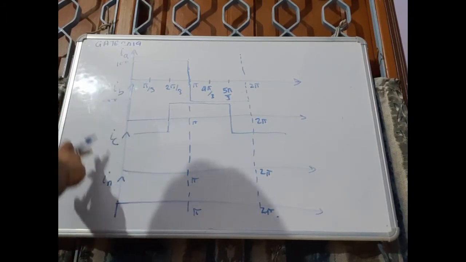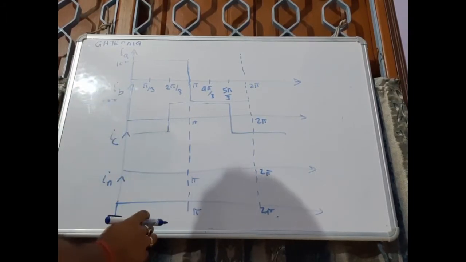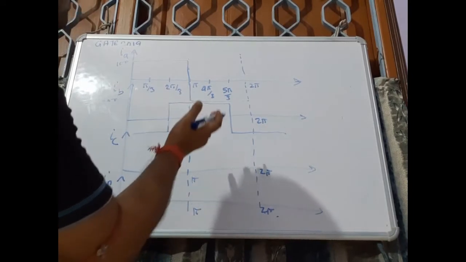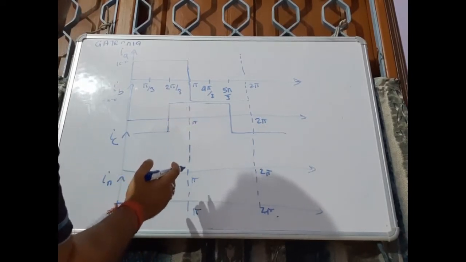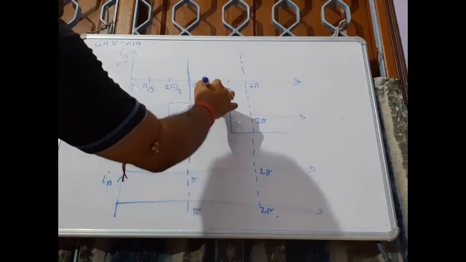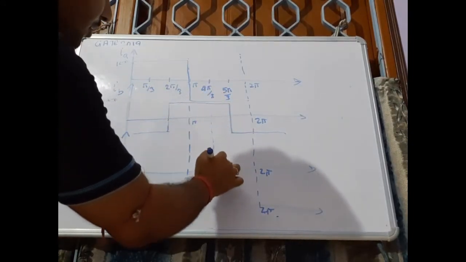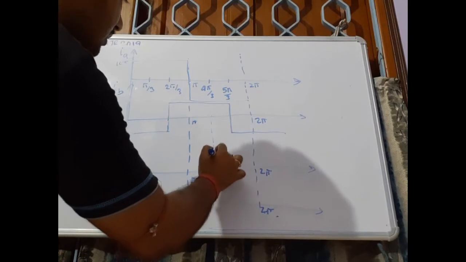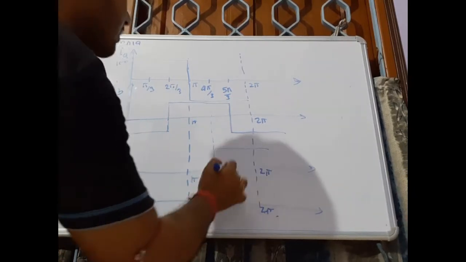And for IC, it is another 120 degrees, this 120 degrees plus this 120 degrees. So from this the waveform will start.